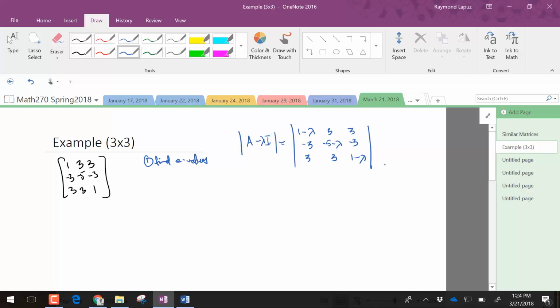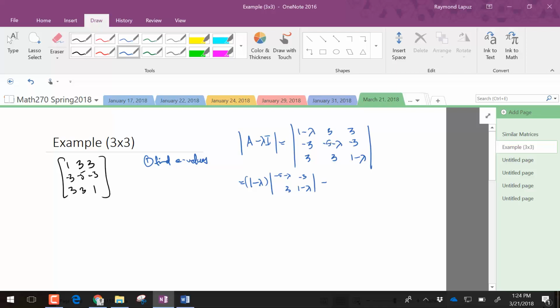And let's multiply it all out, find the determinant any way you want. So I'm going to find it the long way, 1 minus lambda. And then the submatrix is -5 minus lambda, -3, 3, 1 minus lambda.